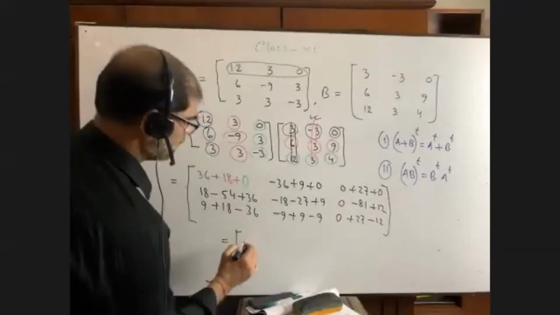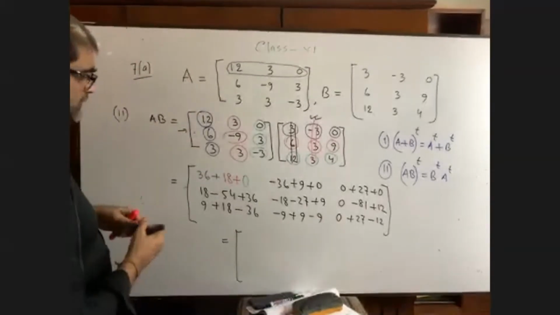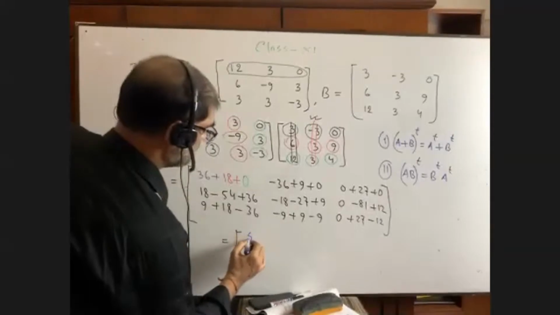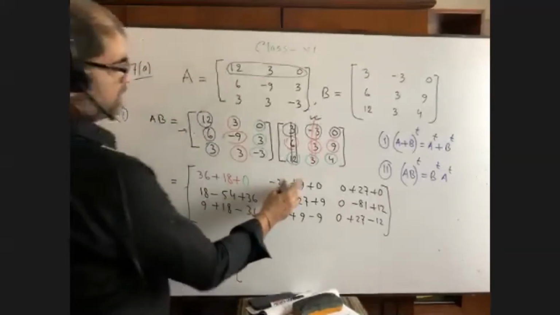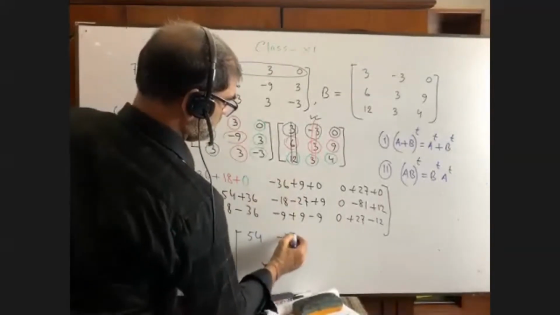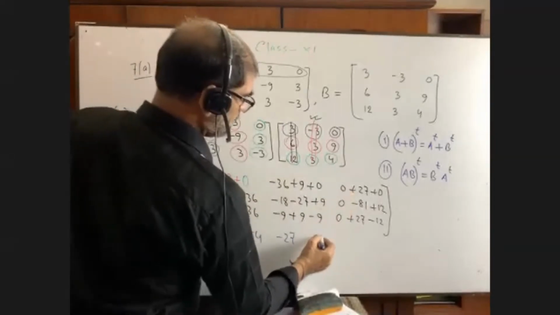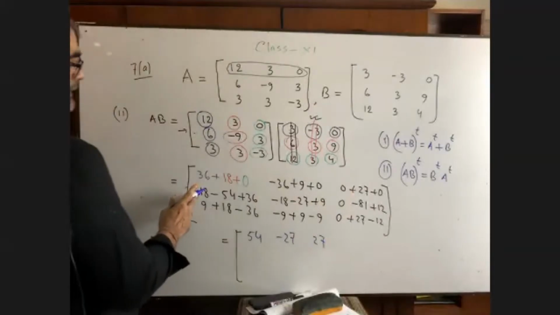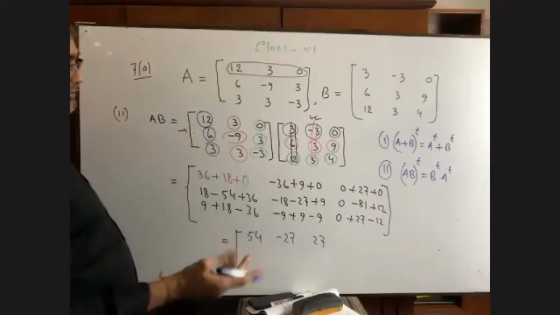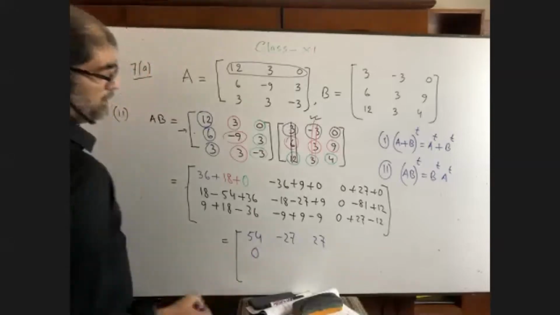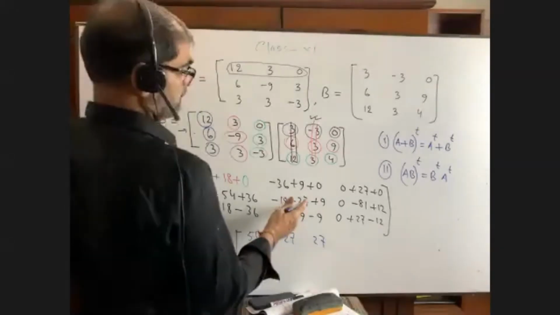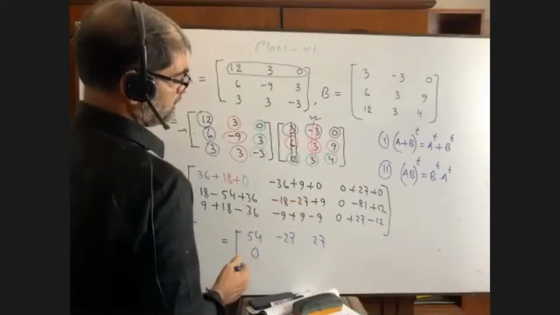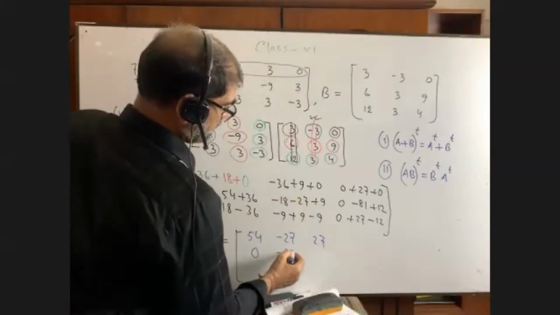This is 54. This is 54. This is what? Minus 27. This is what? Only 27. This is what? 18 or 36. That is 54. That is 0. It is what? 45 minus 36.